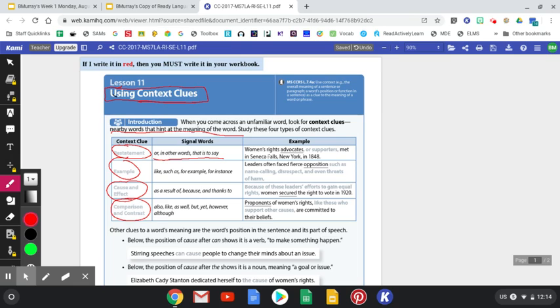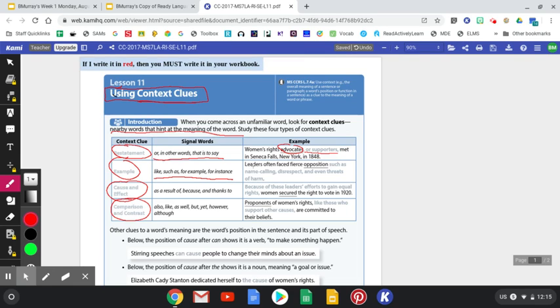And our example we have over here is women's rights advocates or supporters met in Seneca Falls, New York in 1948. Well, advocates is our word that we don't know what it means, but they give me a restatement, kind of like a definition of the word, to let me know that advocates means supporters. Then I've got my example context clue, and my signal words like, such as, for example, and for instance.